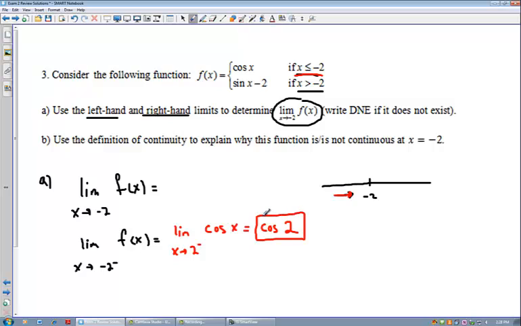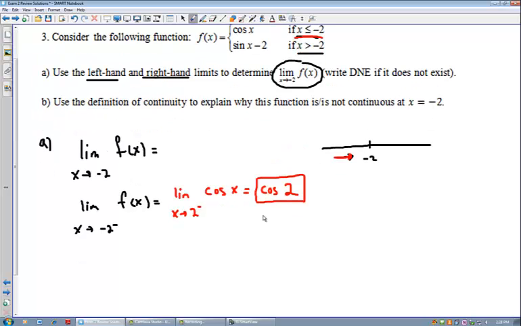And so there's my answer from the left-hand side. And then from the right-hand side, I'm going to do the same sort of thing. I have the limit as x goes to 2 from the right-hand side of f of x. And so this is going to equal, now in this case, I'm approaching from the right-hand side, so I'm coming in from this way. And so those are numbers that are bigger than negative 2, so I'm going to use this piece of the function.